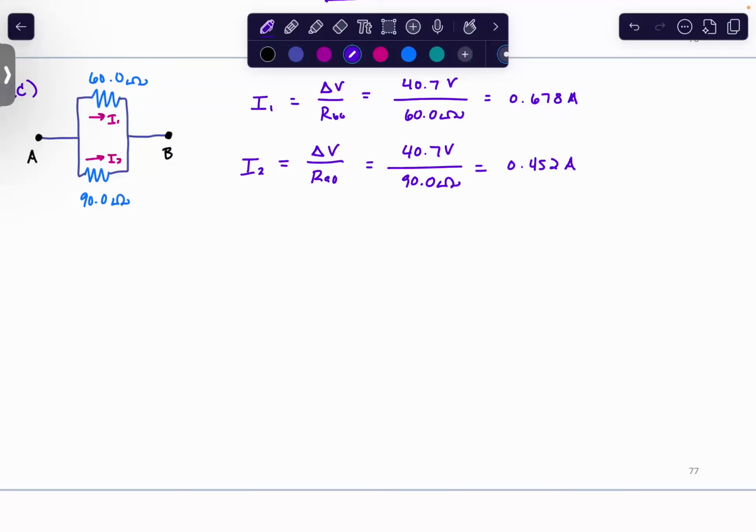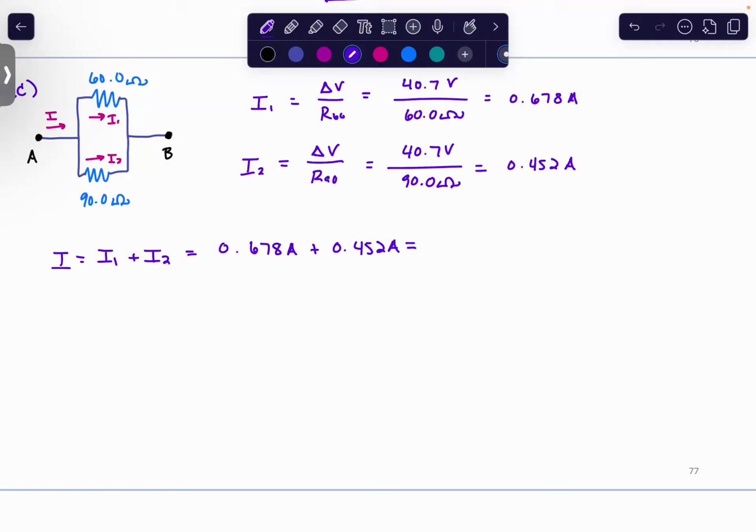Okay. Now there is a way you can check your answer. How do you do that? There you go. So you can say I equals I1 plus I2. So that's 0.678, 0.452.